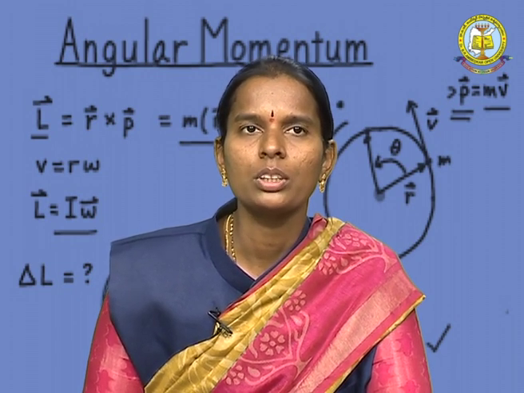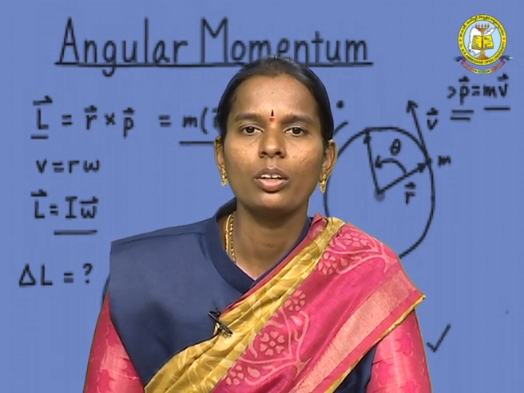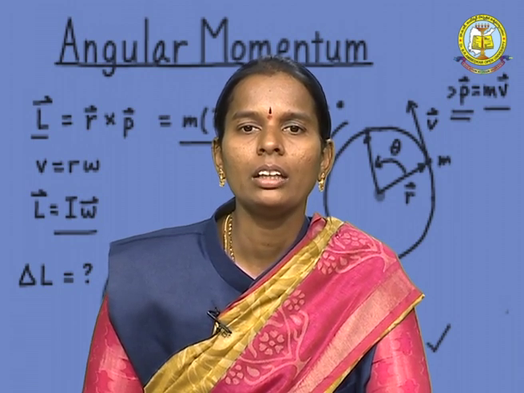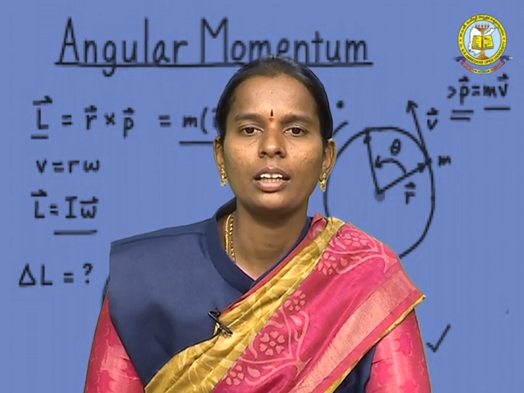Substituting this value in the above equation, dL/dt = r_i × dp_i/dt, which means the external force.